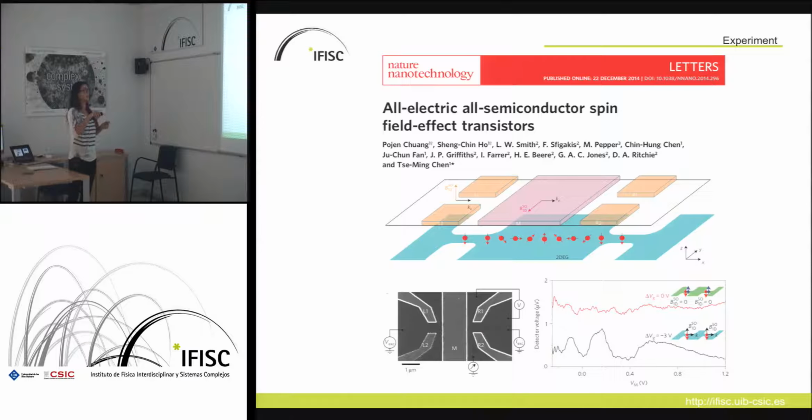The fact that the electrons in the QPCs are polarized perpendicular to the central region gives us a detector voltage oscillating when we tune the Rashba spin-orbit interaction in the central region.